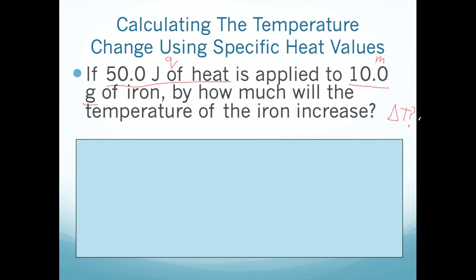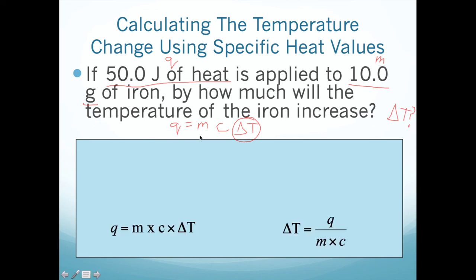Okay, so if we look at the formula we need, we have Q is equal to m c delta T, and the question wants us to solve for delta T. So how do we get delta T by itself? How do we move m and c to the other side? Remember, we divide by m and c. So delta T is equal to Q divided by m c.